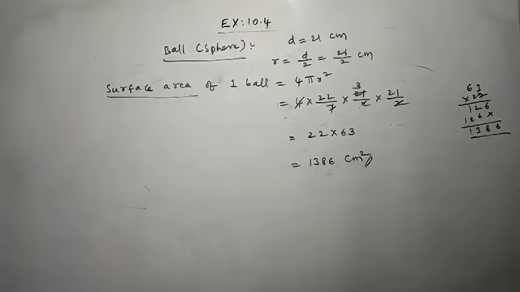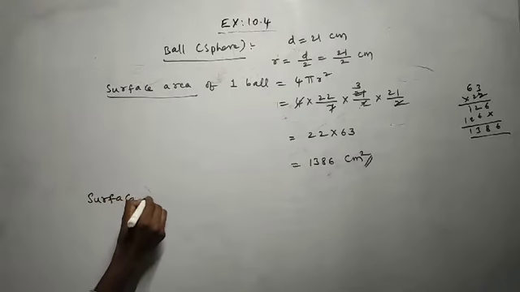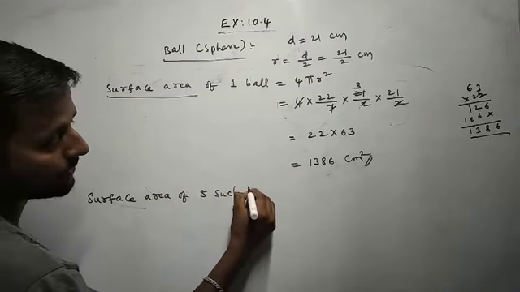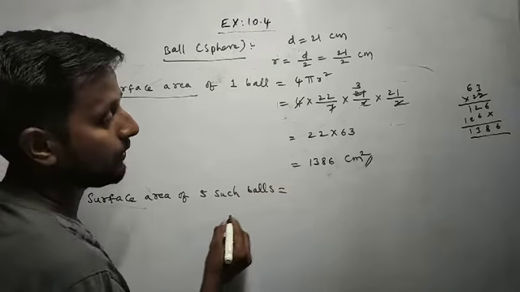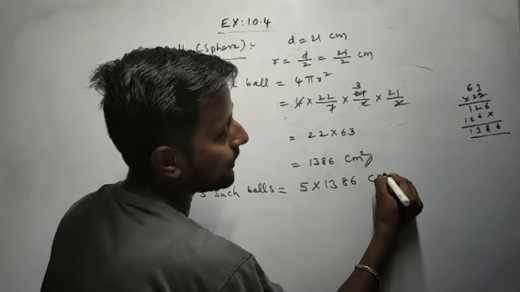But the question is to find how much cloth is required to make 5 such balls. So simple, we'll write surface area of 5 such balls is equal to 5 into 1386 centimeter square.